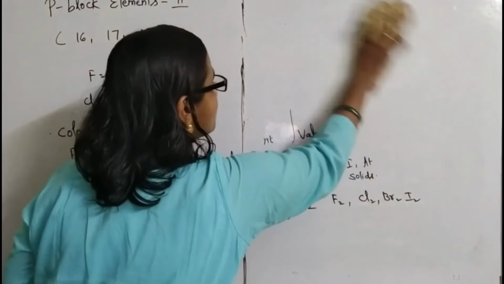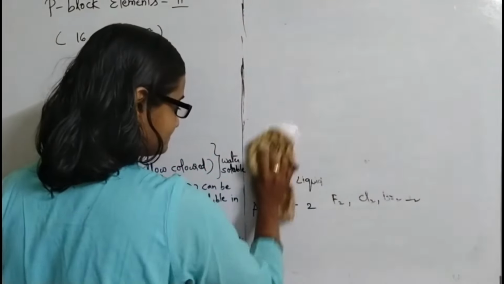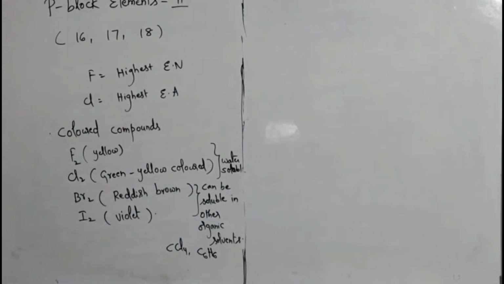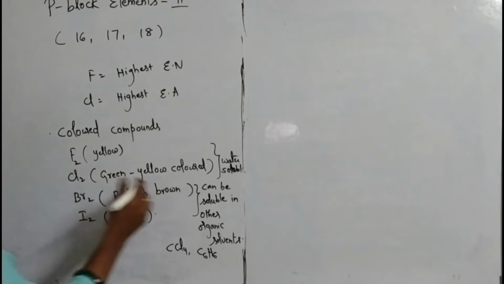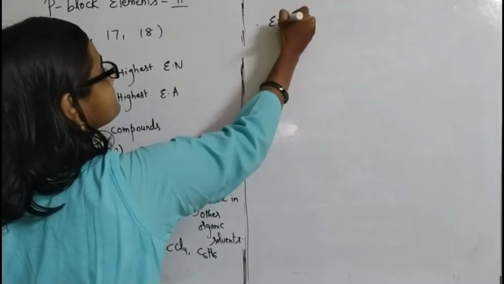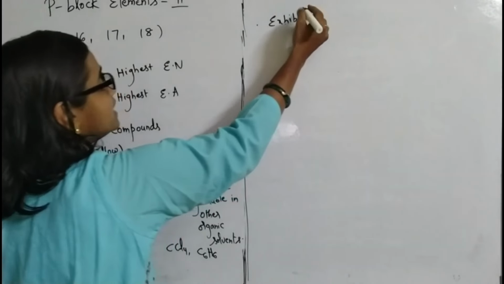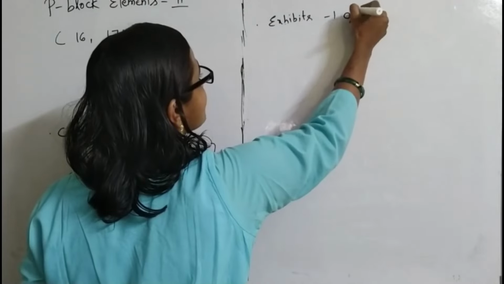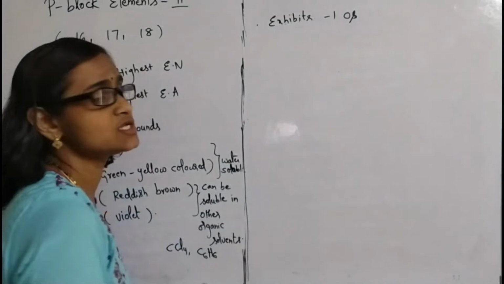Next, if you go for the other chemical or general properties, they exhibit -1 oxidation state. You all know that generally fluorine exhibits -1 oxidation state in most of its compounds. OS, I am writing, means oxidation state.